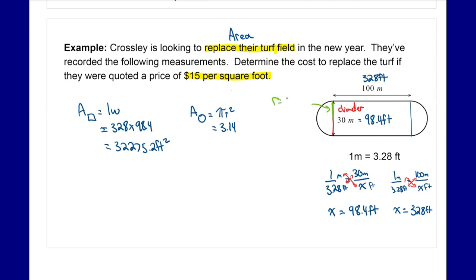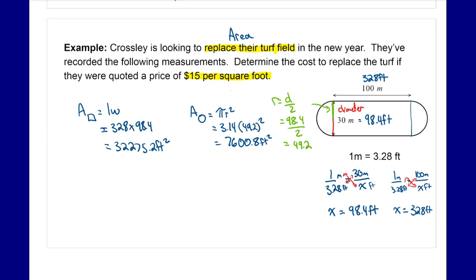So the radius is the diameter divided by 2, or in this case 98.4 divided by 2, and we get 49.2. So the area of the circle is 3.14 times 49.2 squared, and we get an area of 7,600.8 feet squared.